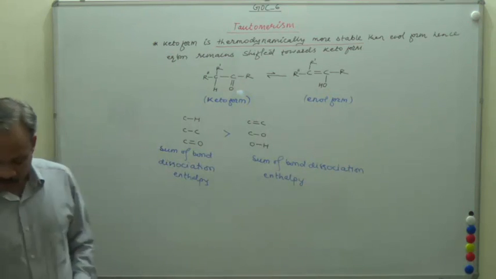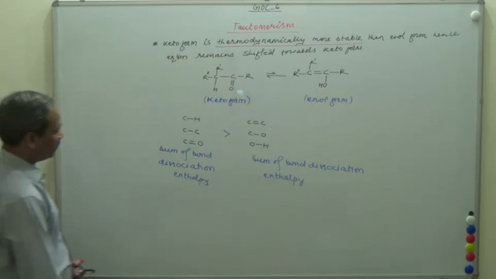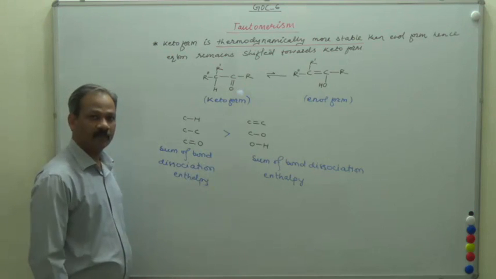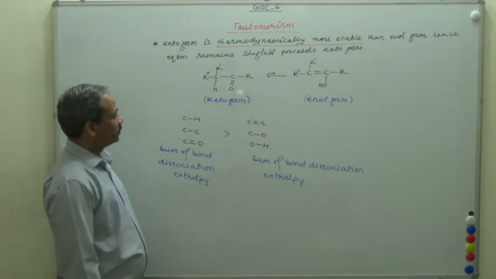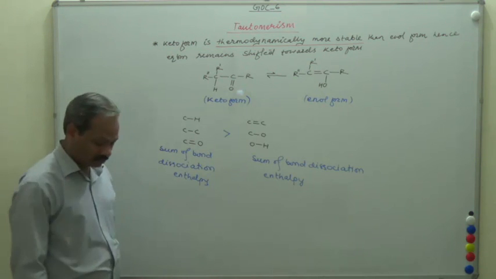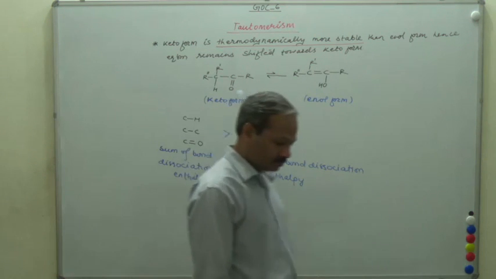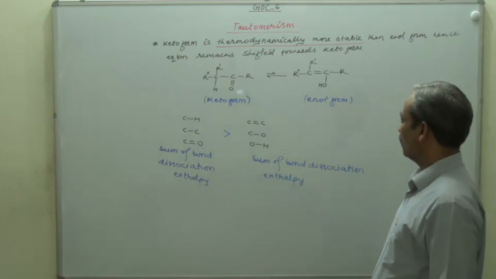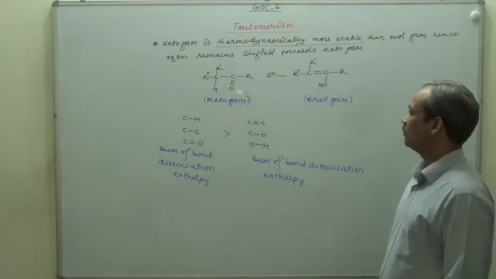But it is also observed in few cases that percentage of enolic form becomes slightly greater or very high than that of keto form.